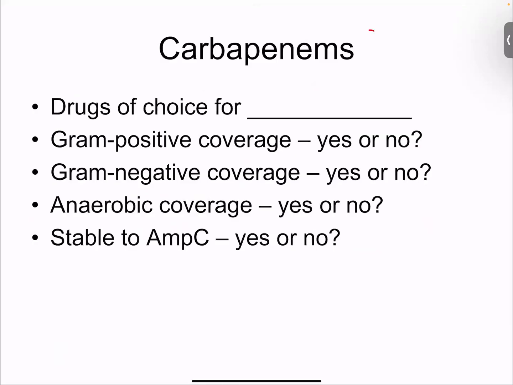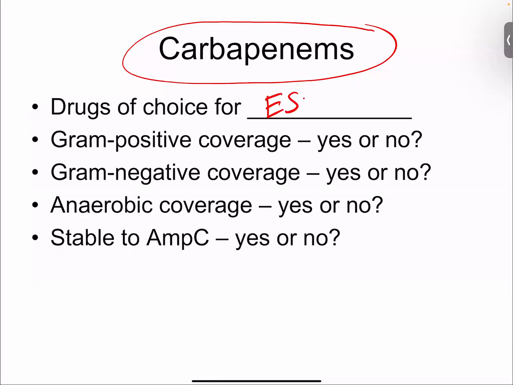Okay. From a coverage perspective, carbapenems are the drug of choice for, when I say ESBL, you say carbapenem. Good, thank you. When I say ESBL, you say, oh, I love it.